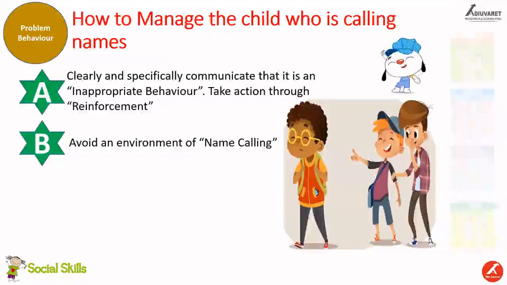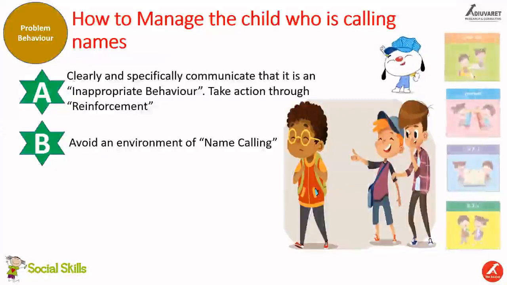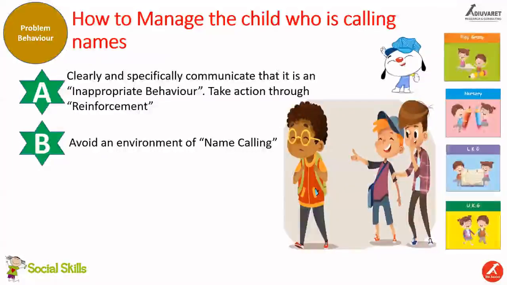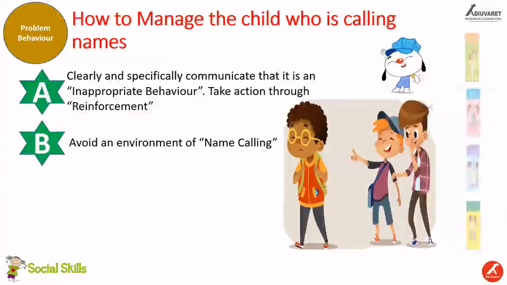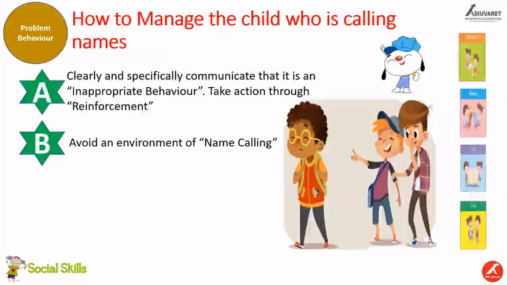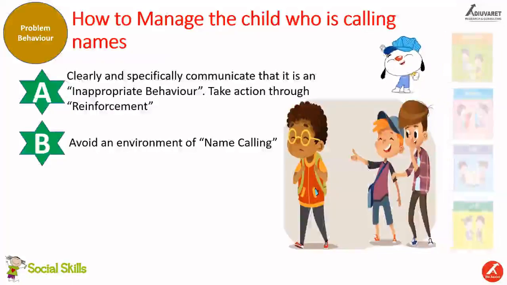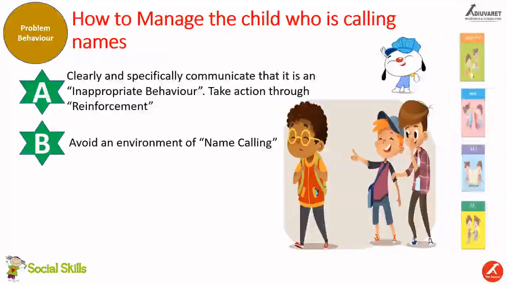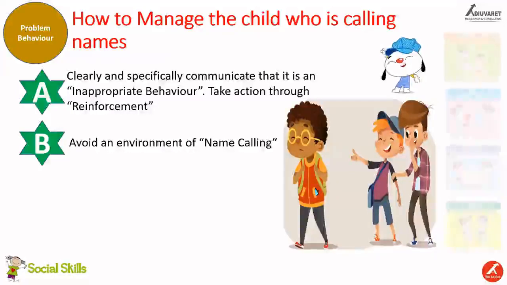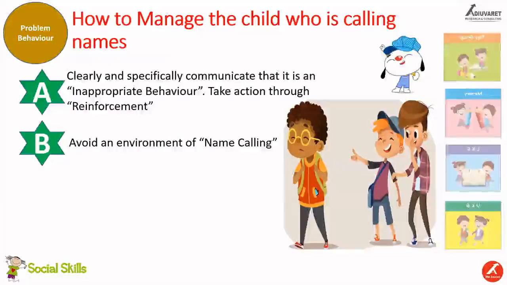Whether it's at school or at home, we must ensure that name calling is strictly prohibited and that those involved get necessary punishment, so that people will stay away from such behavioral traits.